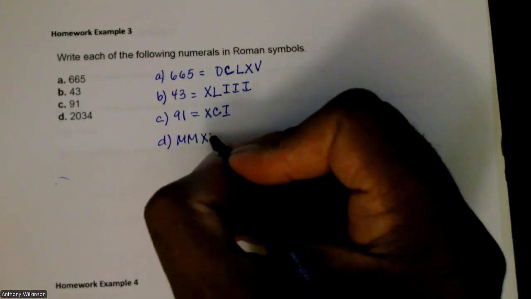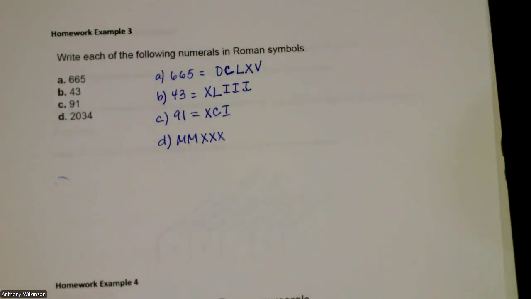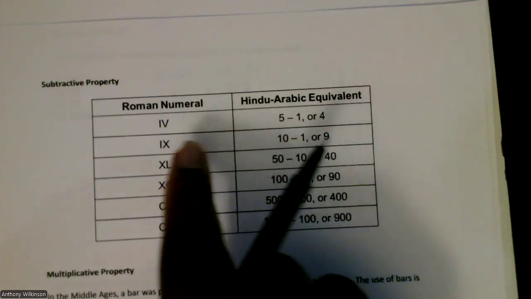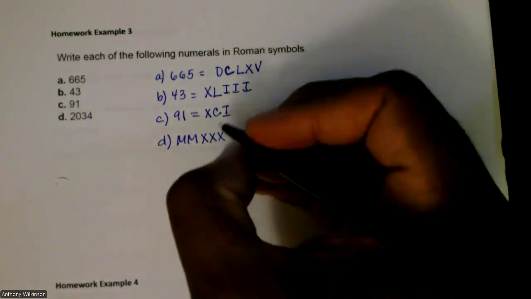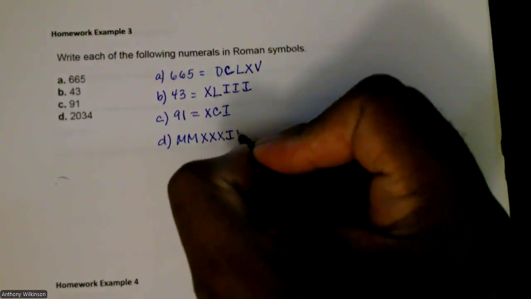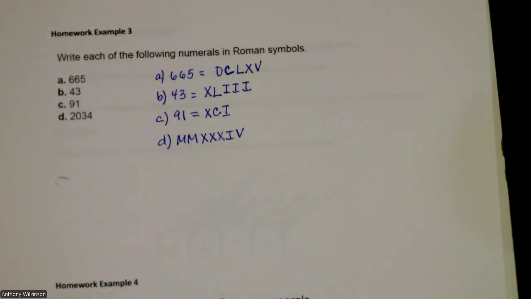So I need 3 of them. And then for the 4, I'll have to use the subtractive property because 4 is 1 less than 5. That would be IV. So MMXXXIV is the Roman numeral for 2034.